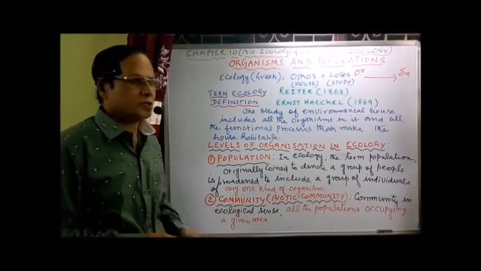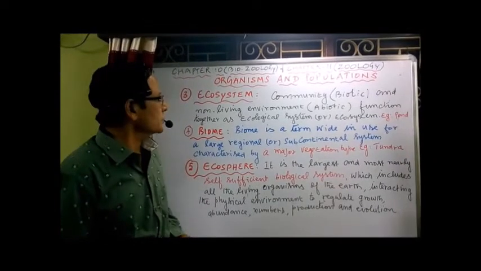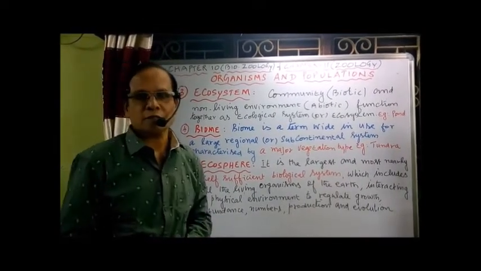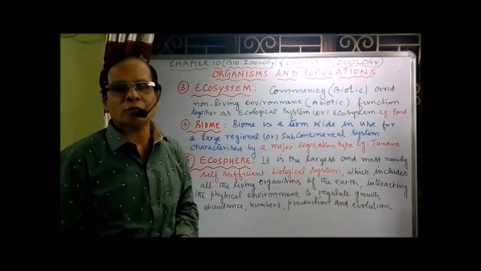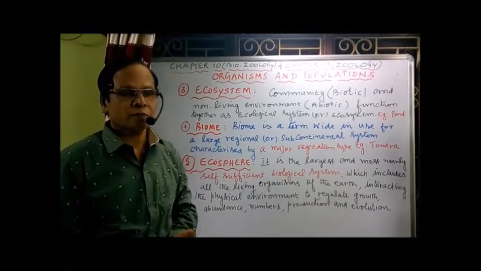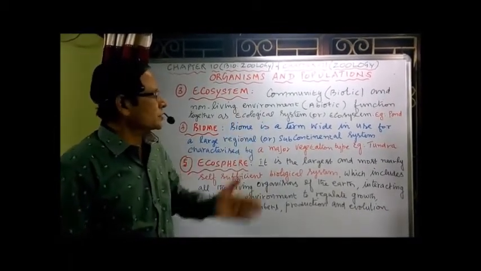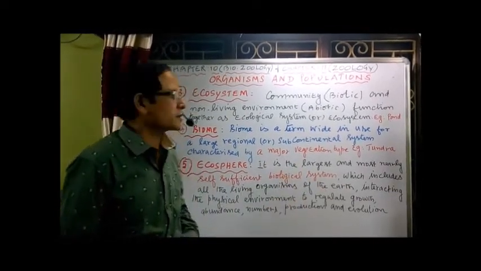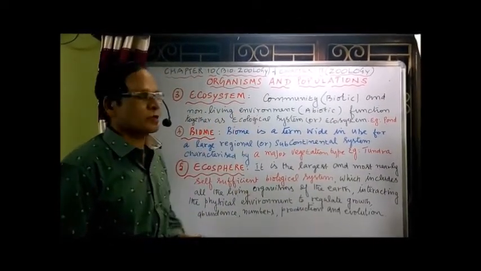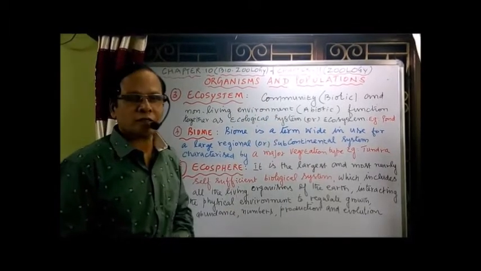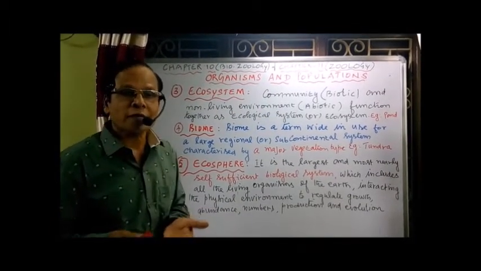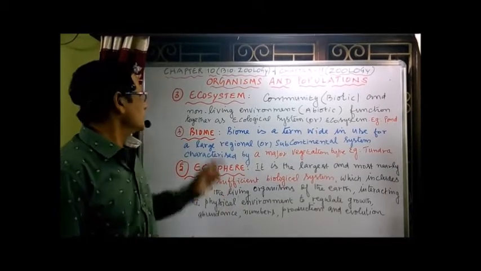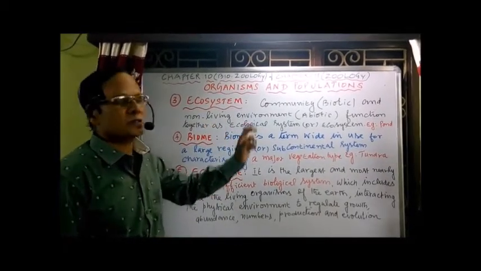Now let's go to other definitions. An ecosystem is an ecological unit consisting of both biotic and abiotic factors of the environment. As per the book, the definition is: the community, which includes only the biotic factors, and the non-living environment, which includes the abiotic factors like soil, water, light, temperature, etc., function together as an ecological system.